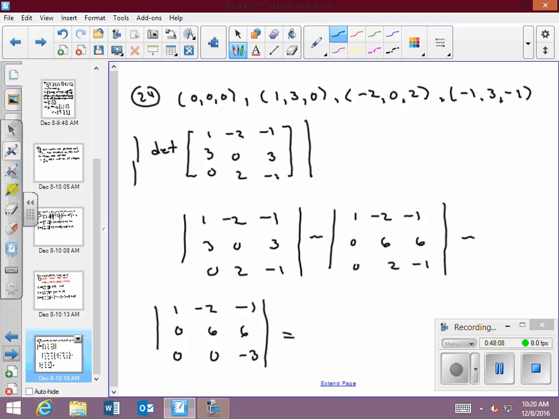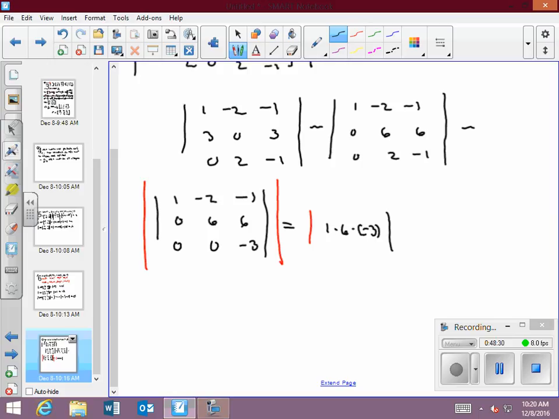And then it's got to be the absolute value of this thing, which is the absolute value of 1 times 6 times minus 3, which is a minus 18, which is 18.